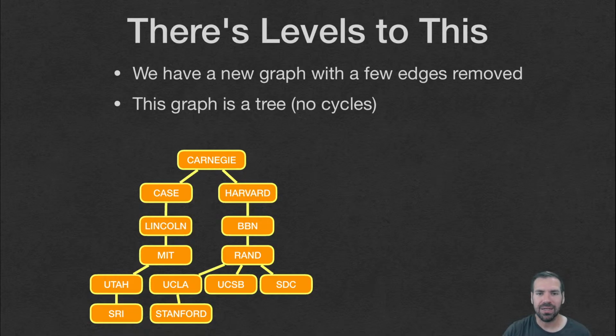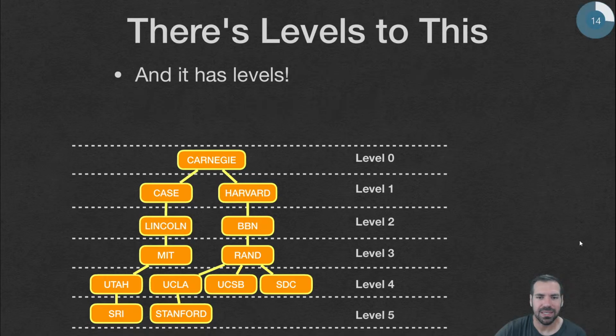So this is technically a tree, even though we're using a graph to represent it. In the world of theory anyway, it matches the definition of a tree. We're not representing it as a tree the way we represented trees in our code, but it is, technically speaking, a tree. It meets all the conditions of a tree, i.e. no cycles. So this is a tree, and what's more is there's levels to this.